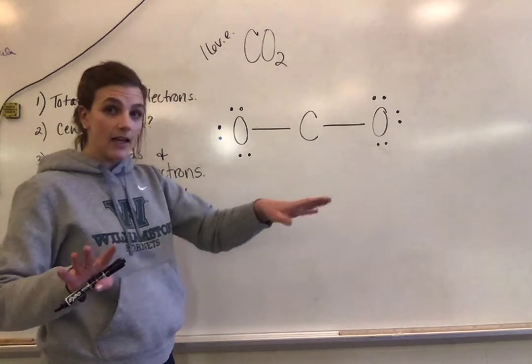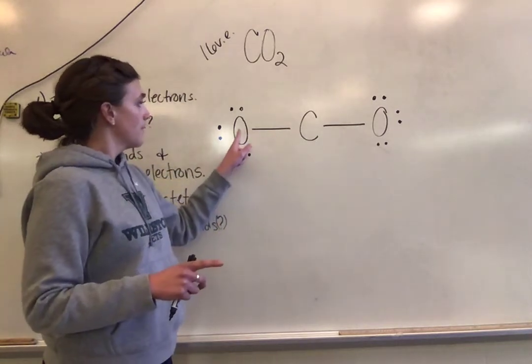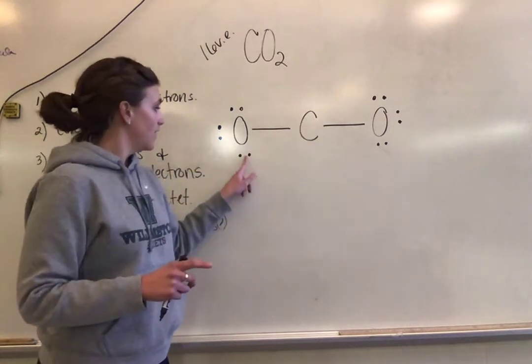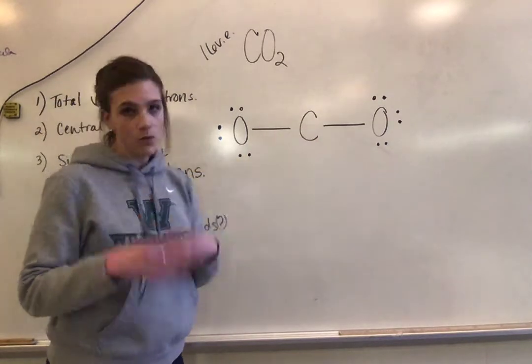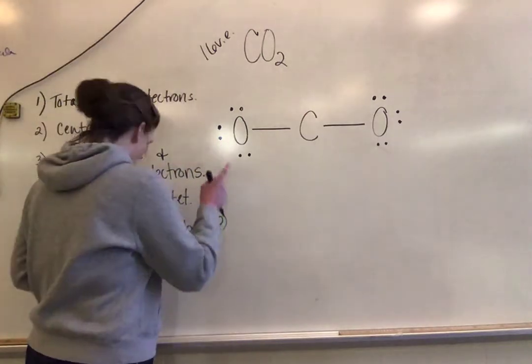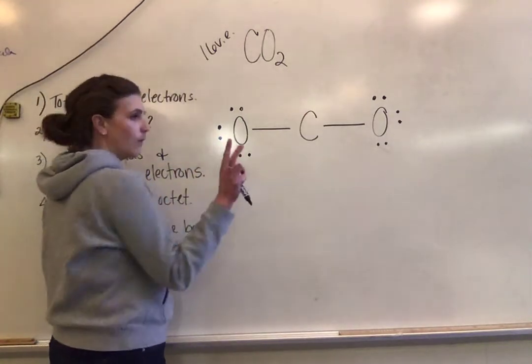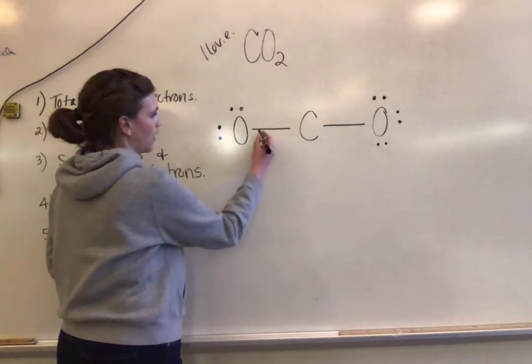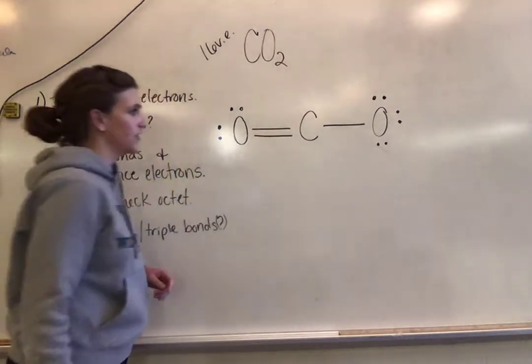That's like a good thing, right? Because if we share, oxygen gets to have these 2 electrons, carbon gets to have these 2 electrons, and carbon is one step closer to having an octet. So the way we draw that is we erase this, what we call a lone pair here. We erase that and we draw another line between oxygen and carbon.